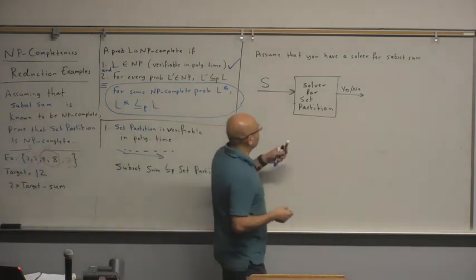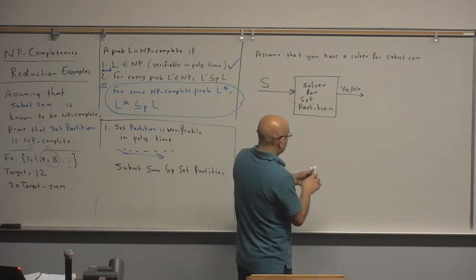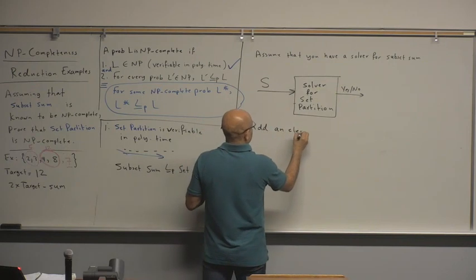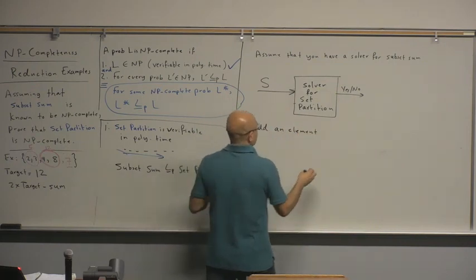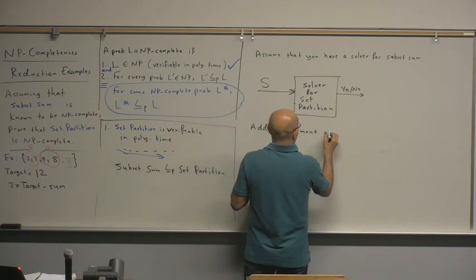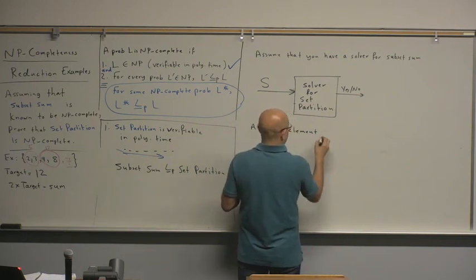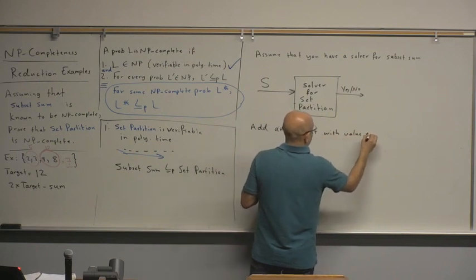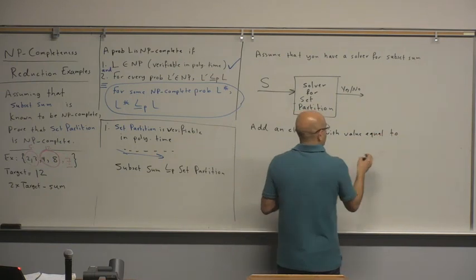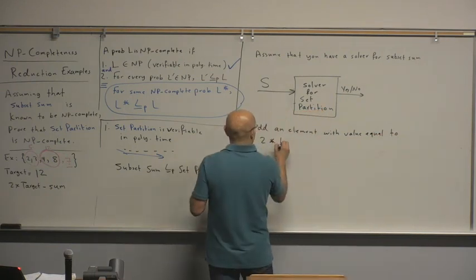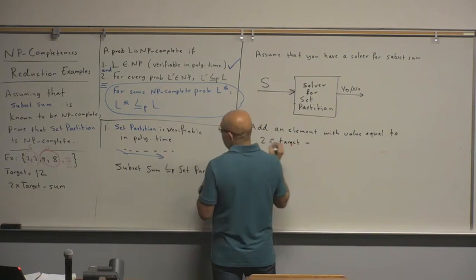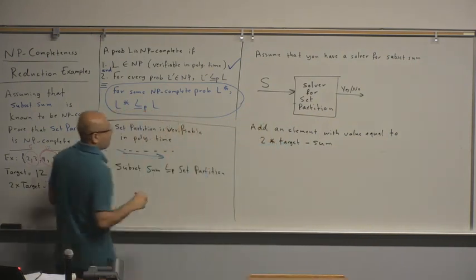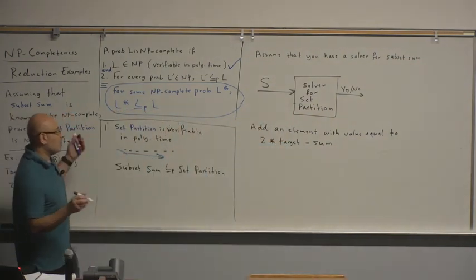Okay, so in this case, let's add an additional element with value equal to 2 times target minus sum. Or construct S prime.